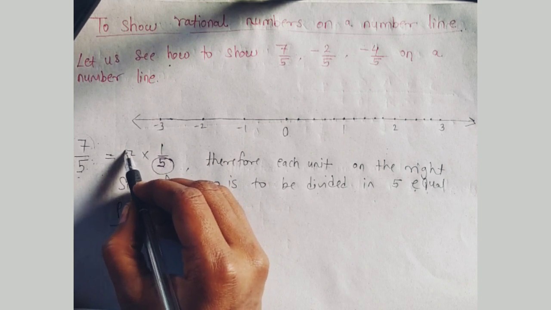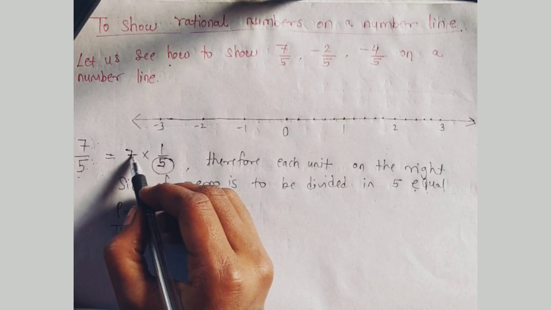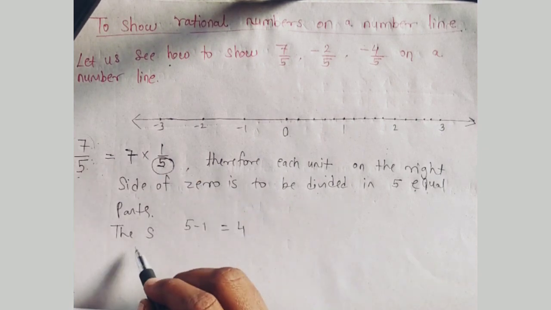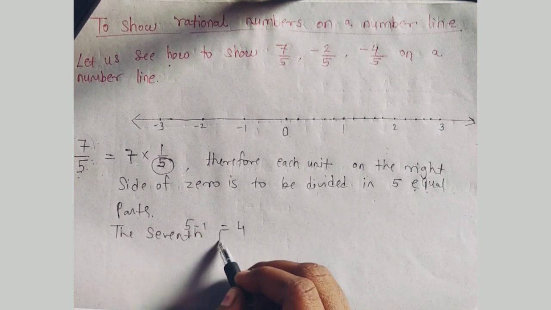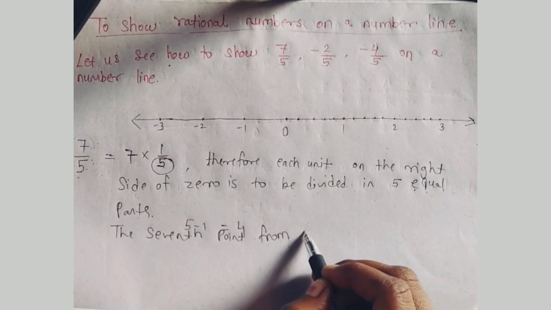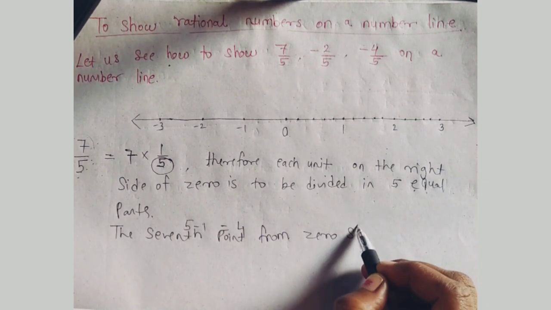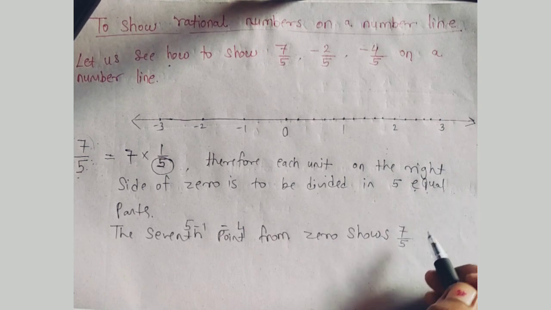Now see, here we have a 7. So the 7th point from 0 shows 7 upon 5.